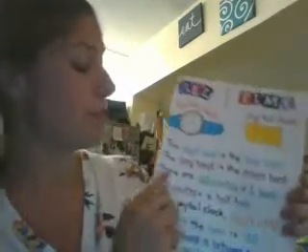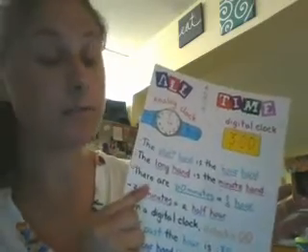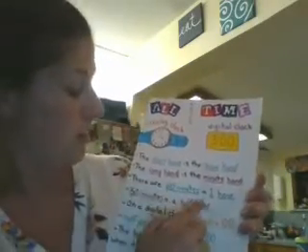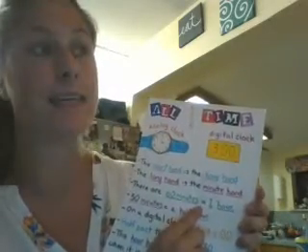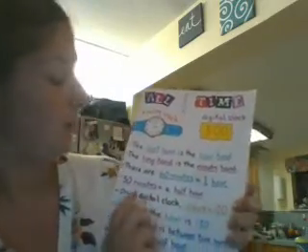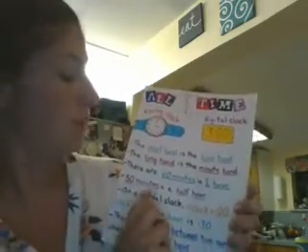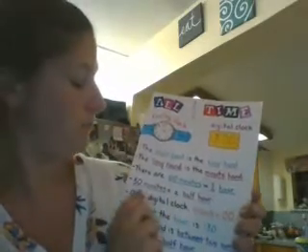Now we need to remember that there are 60 minutes in 1 hour. There are also 60 seconds in 1 minute. We'll get into that a little bit later. 30 minutes is equal to a half hour.